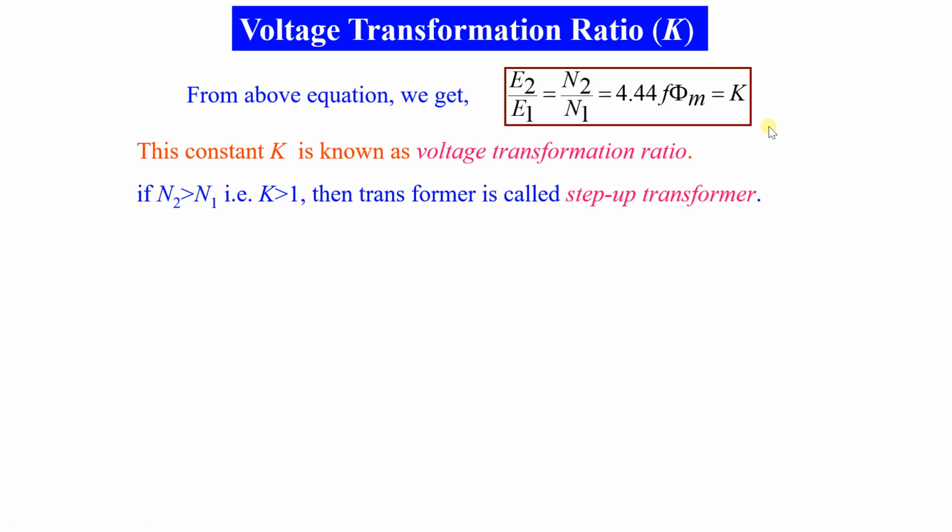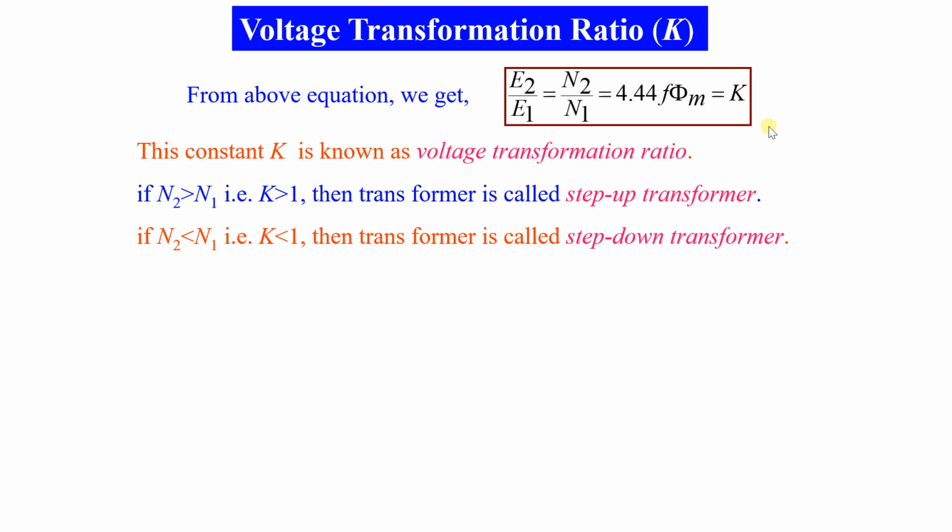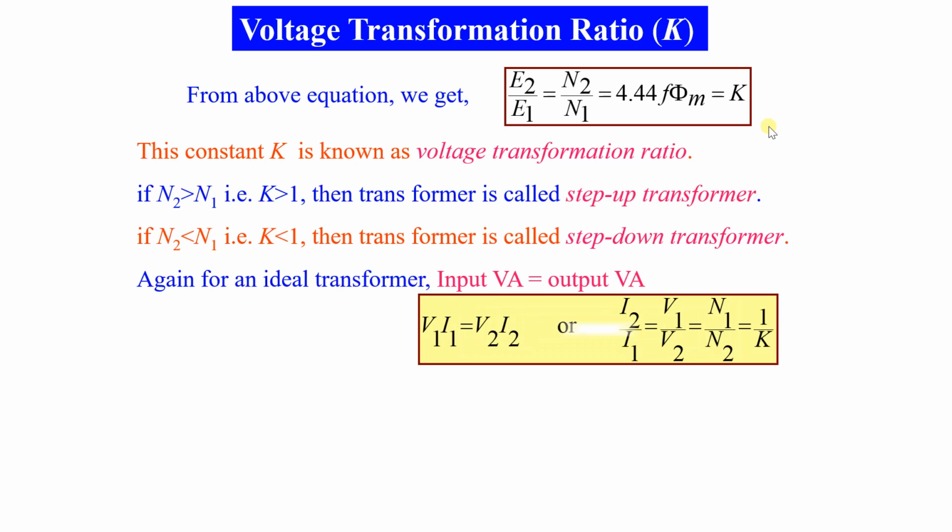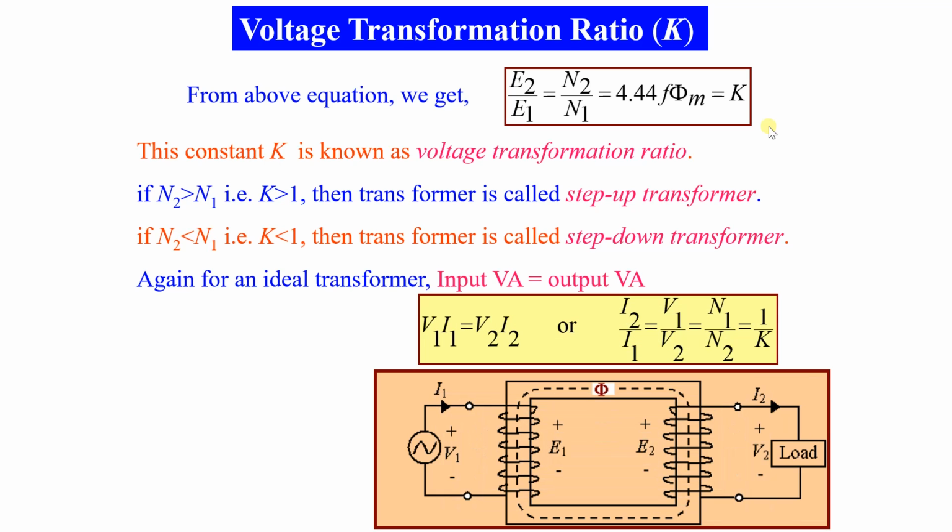If N2 is greater than N1, that is K is greater than 1, then the transformer is called a step up transformer. If N2 is less than N1, that is K is less than 1, then the transformer is called a step down transformer. Again, for an ideal transformer, input power is equal to output power.